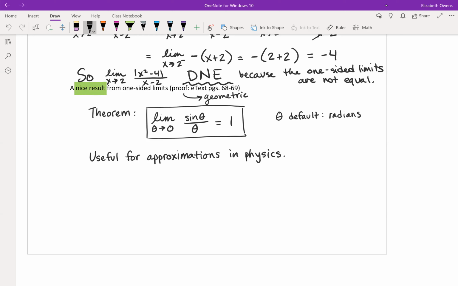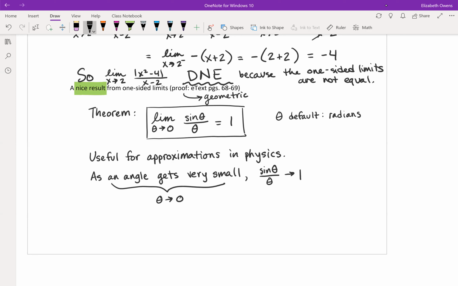So what this theorem is telling us is that as an angle gets smaller and smaller, so we'll say as an angle gets very small, because that part we're talking about is theta approaching 0, really, really small angles, the sine of that angle divided by the angle, so the ratio of those two things, approaches 1.